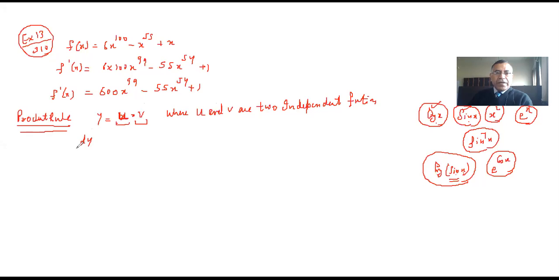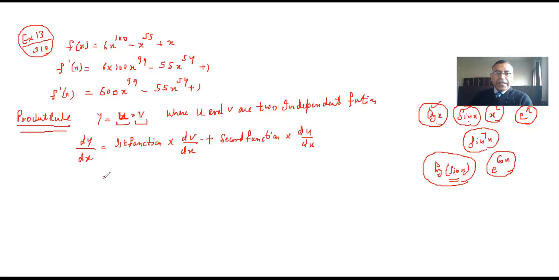So derivative of y with respect to, suppose x, is equal to first function as it is, multiplied by derivative with respect to x of second function, plus second function as it is into derivative of first function with respect to x.